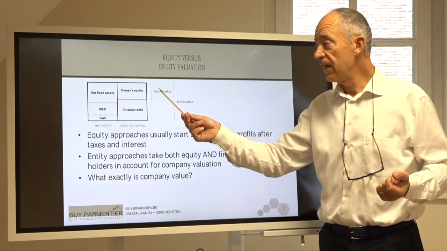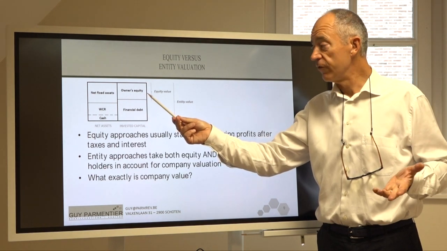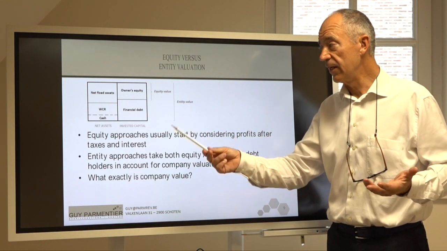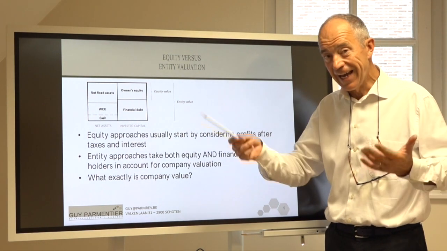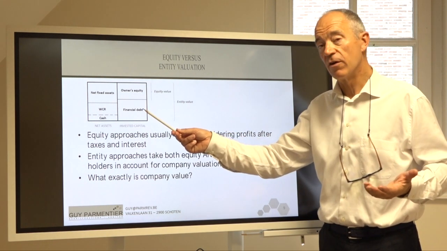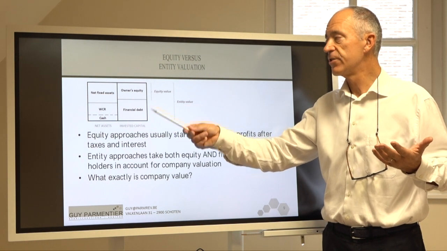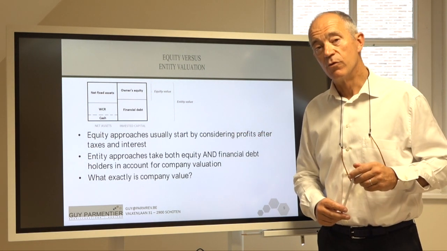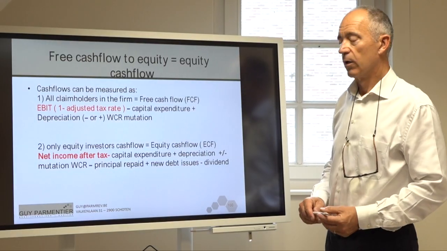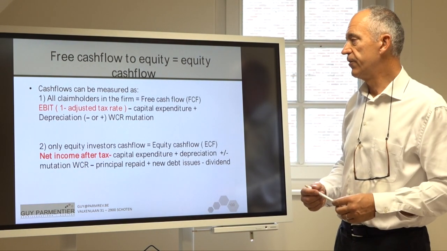So consequently, if you want to know the value of the shares, once you have calculated the value of everything of the entity, you always have to deduct the financial debts, the interest-bearing financial debts, to get the value of the shares.